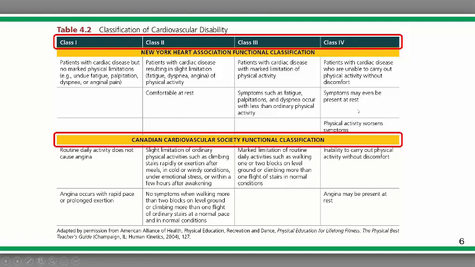The Canadian Cardiovascular Society would examine class 4 as the inability to carry out physical activity without discomfort. So the major point here is that the different classes are a progressive way to categorize cardiovascular disability, either through the New York Heart Association system or the Canadian Cardiovascular Society system.